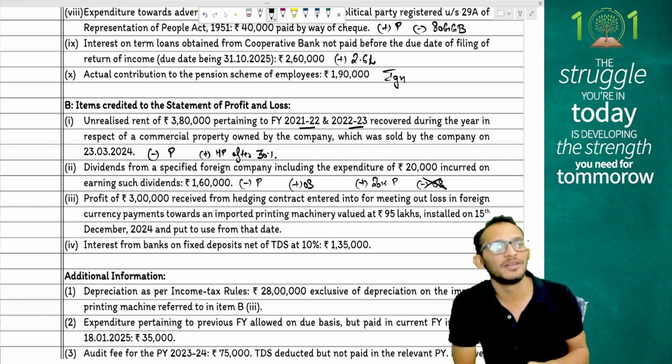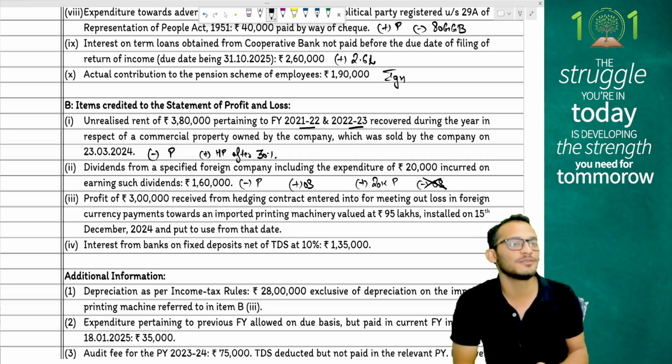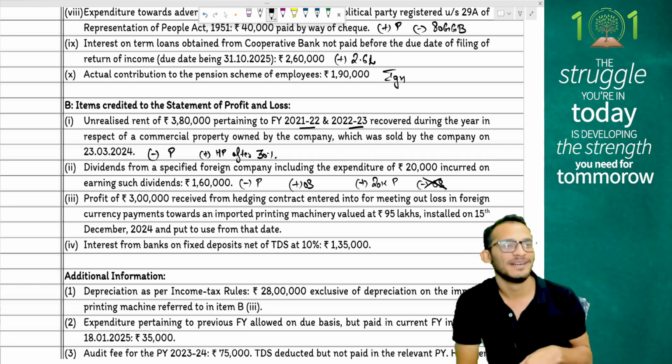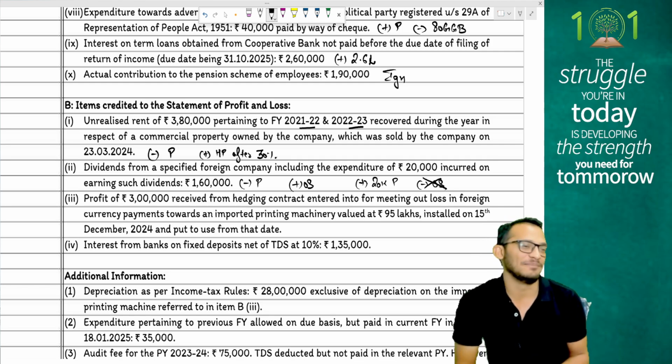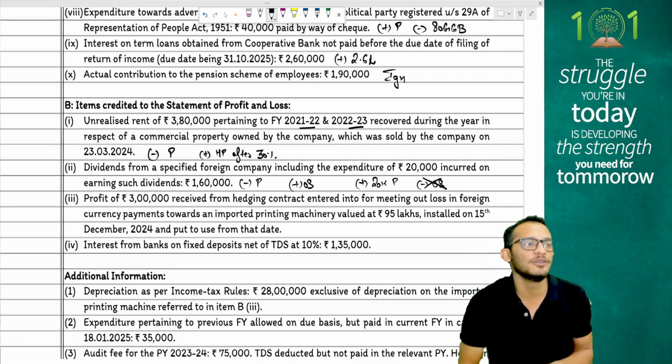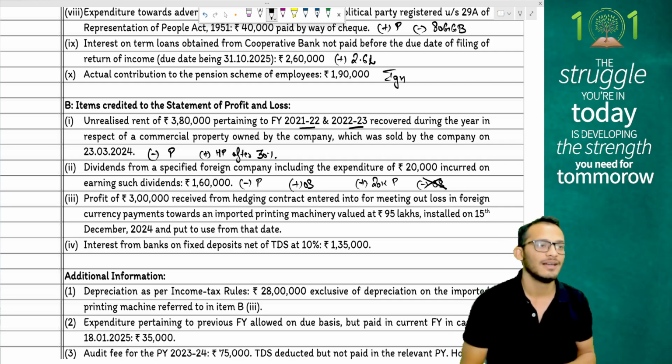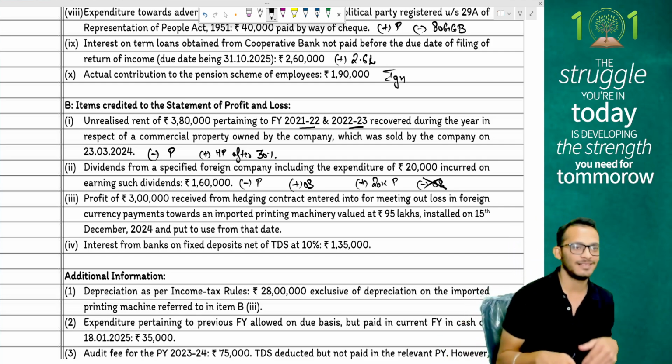But it says including, no? Including, it can also mean 1,40,000 plus 20, no? But I don't know. See, how do you say including then? It's called after considering. It's not including. If an effect has been given, I would say what? Dividends earned after considering 20,000. How do you get dividends including expenditure? Including means to add, right? This is minus.